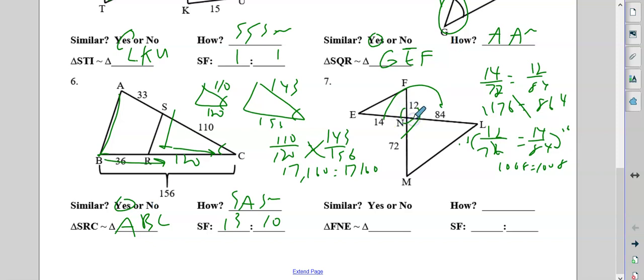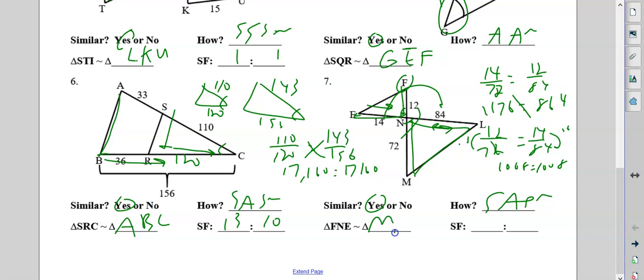We have vertical angles here. So we have SAS proportional similarity, but we have to be careful here because of what sides line up. FNE started out here and went towards the center and out, so this one is going to go towards the center and out.